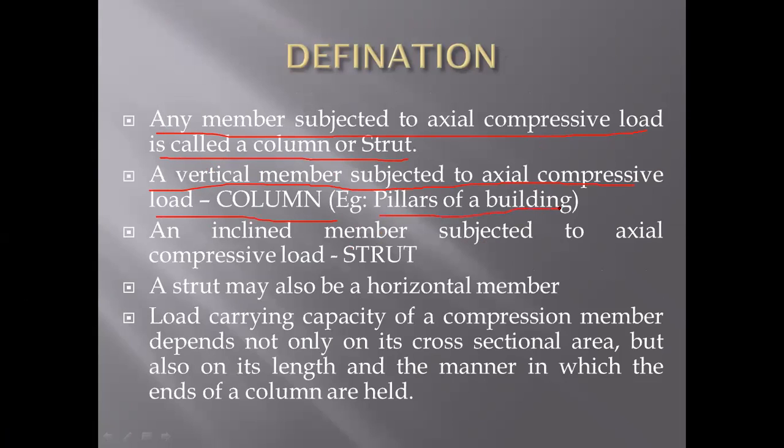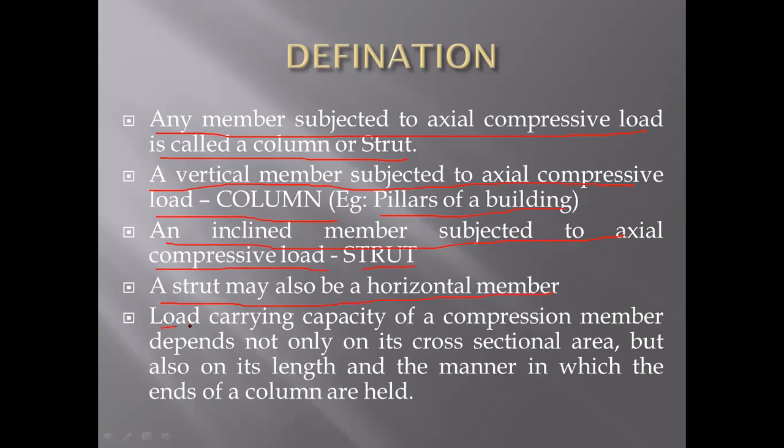The example is pillars of a building. An inclined member subjected to axial compressive load will always be called a strut. Means if the member is inclined and it is subjected to axial compressive load, then we'll call it a strut. And apart from this, a strut may also be a horizontal member.